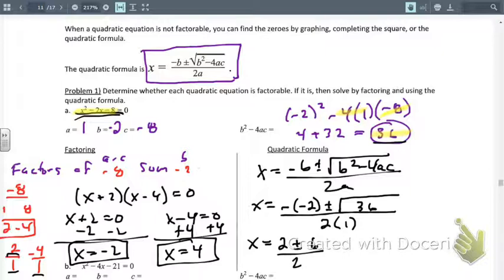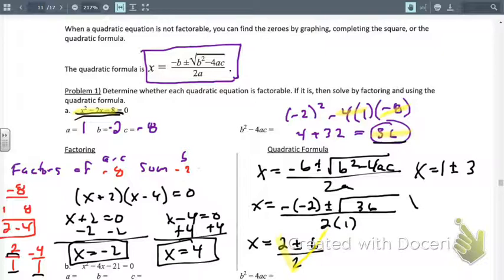Now we're going to divide both terms, 2 and 6, by 2. So 2 divided by 2 is 1. So we have x equals 1 plus or minus, and then 6 divided by 2 is 3.